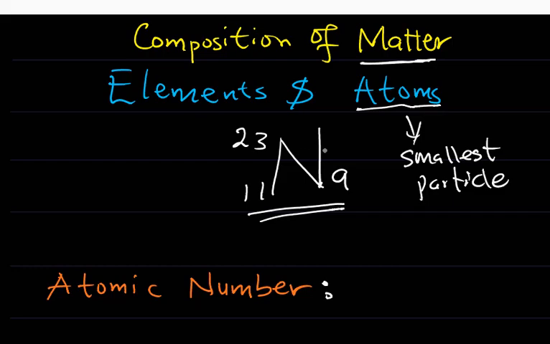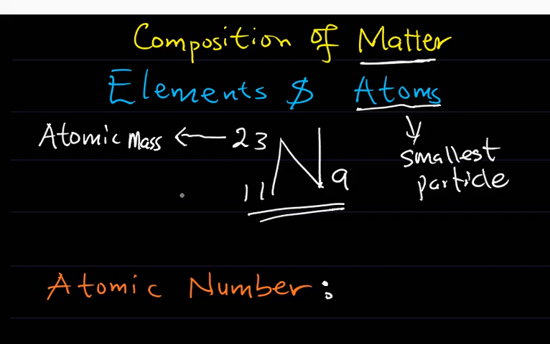Now in this symbol of sodium atom, there is a subscript attached to the symbol, and of course there is a superscript. So this number here is the atomic mass. Any atom that has a number written up here, that number represents the atomic mass.